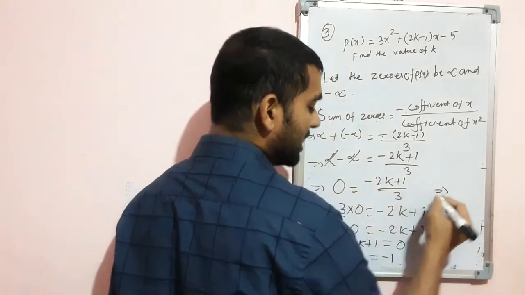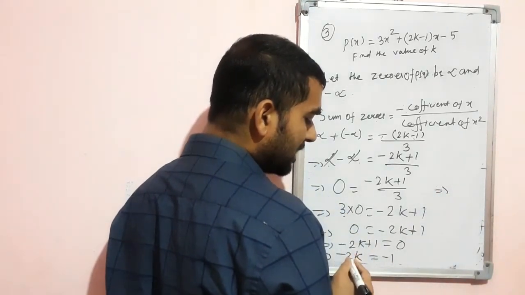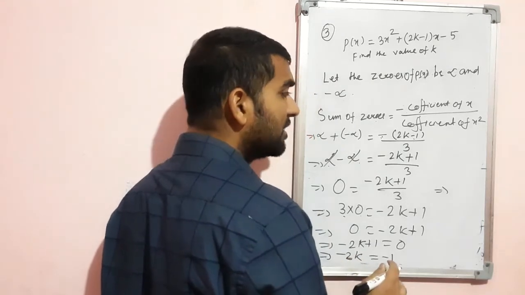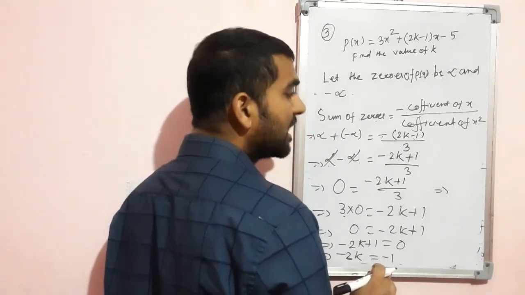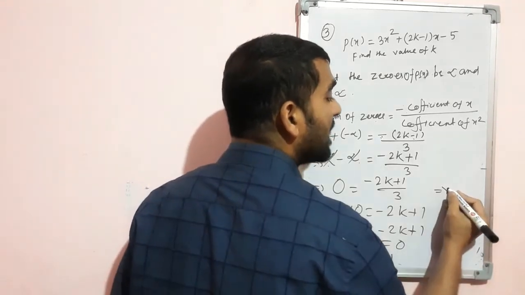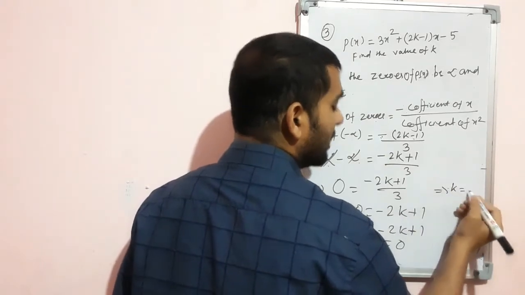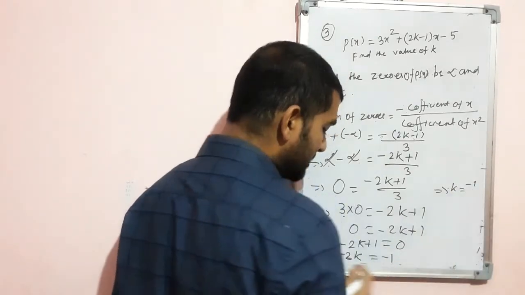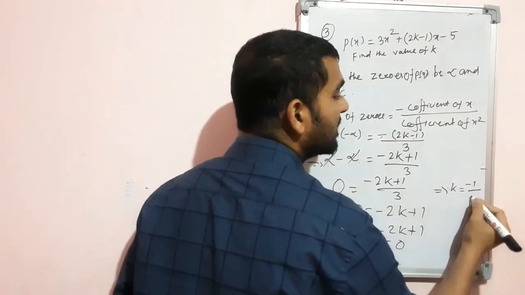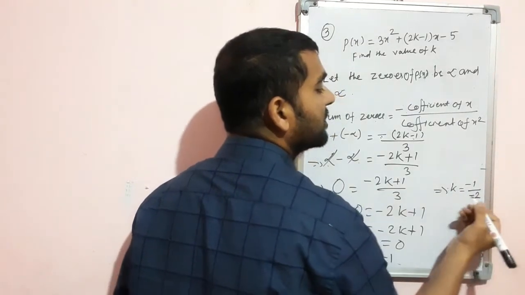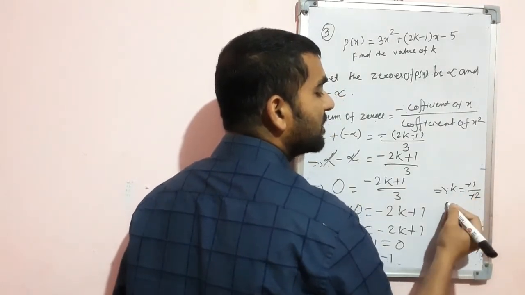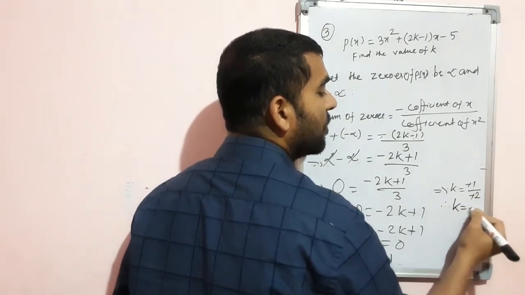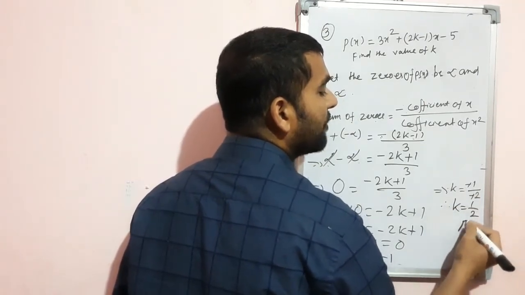Next step, this minus 2 is multiplying here, it will go the other side and divide. So minus 2k equal to minus 1, and this minus 2 is going to that side, so it becomes divided by minus 2. Minus minus cancel, therefore k is how much? 1 by 2. So this is our answer.